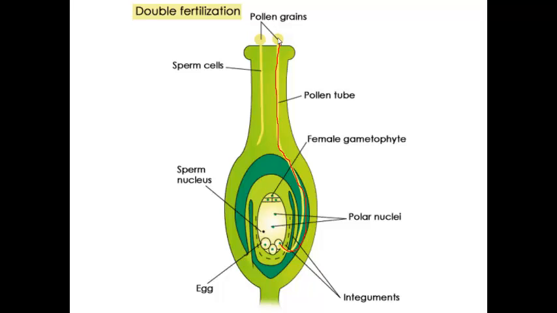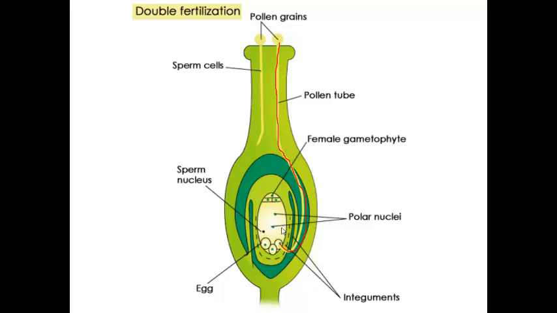This pollen grain is going to contain 2 sperm, and both of those sperm swim down the pollen tube, enter the ovary, and go inside the ovule. If you look inside this ovule here, there are many eggs. One of those eggs is going to be extremely large and has 2 nuclei inside of it.